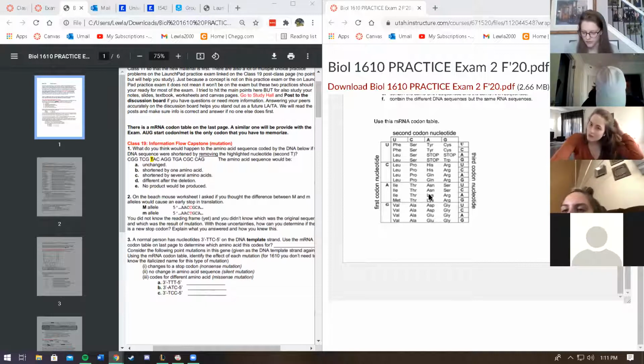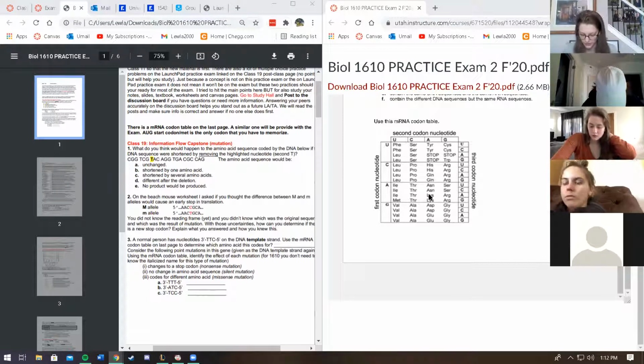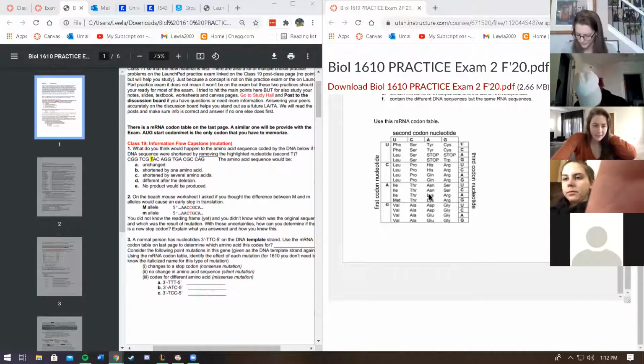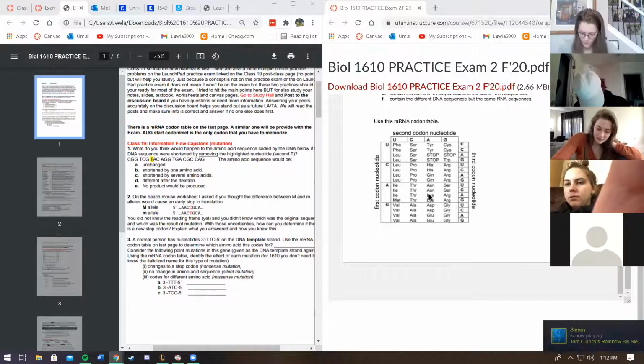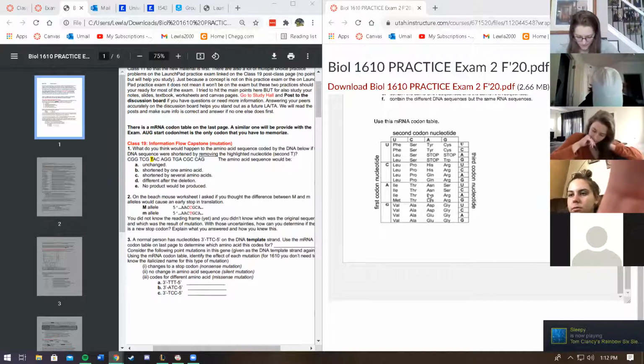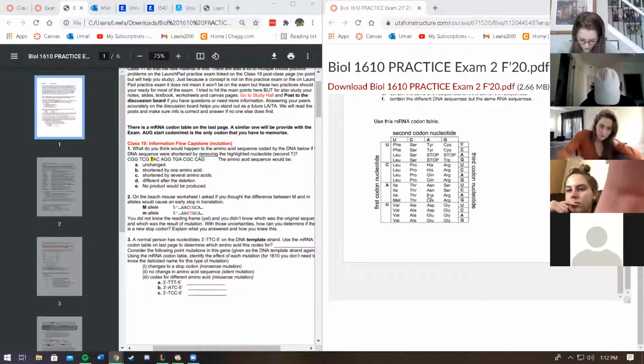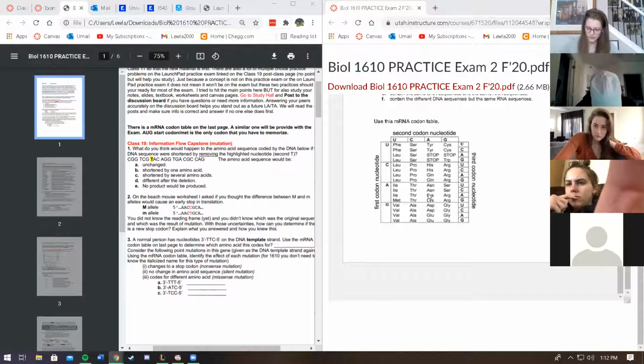I think it's GUU because the 5' has to go on the other side. Okay, thank you. And then on the codon table, GUU goes to VAL.